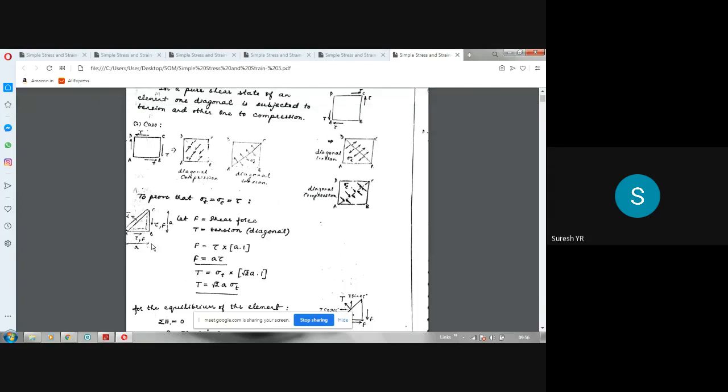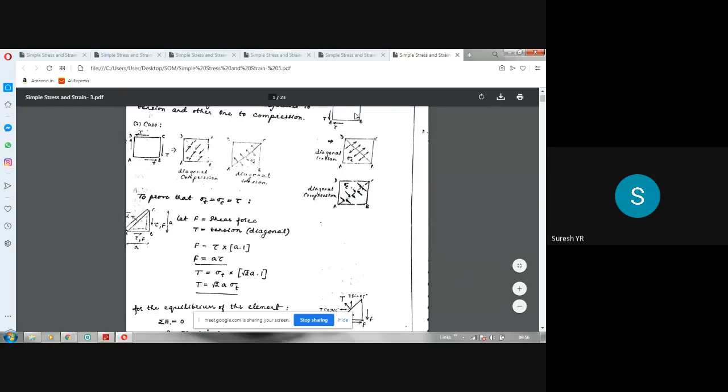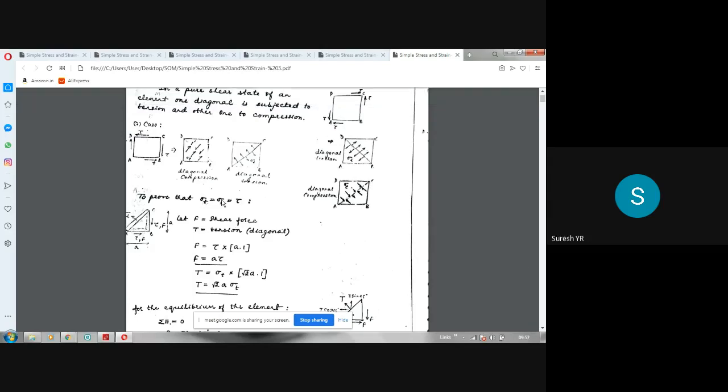So now what we have to prove is that whatever diagonal tension or diagonal compression has developed due to the pure shear stress, all the stresses will be equal. Shear stress will be equal to diagonal tension, which will be equal to diagonal compression. Now, a very simple proof. I have chosen a triangular element with equal sides. So A is this side, A is also this side.